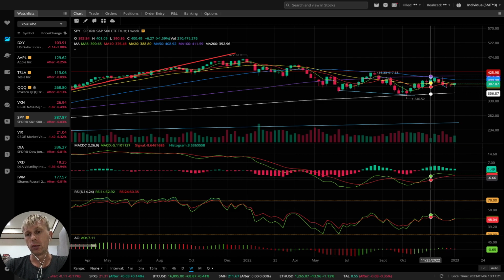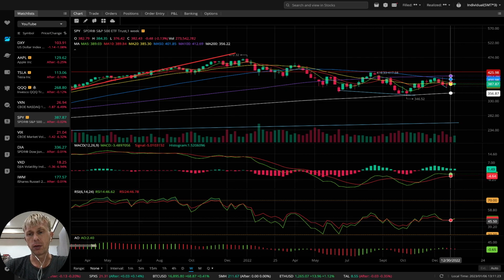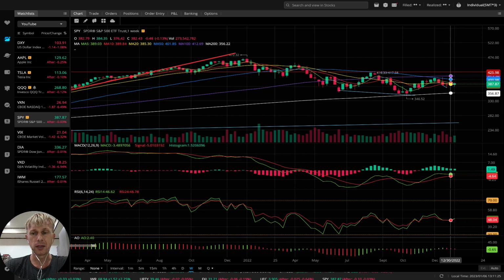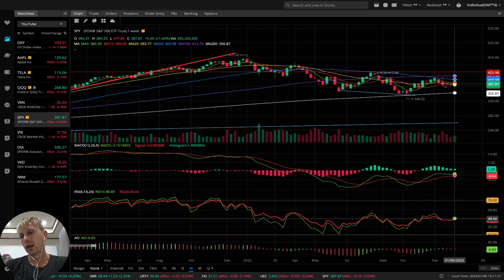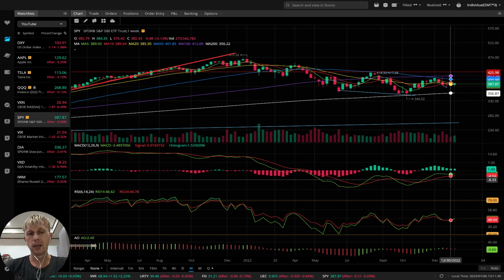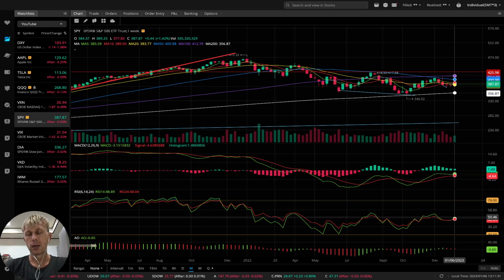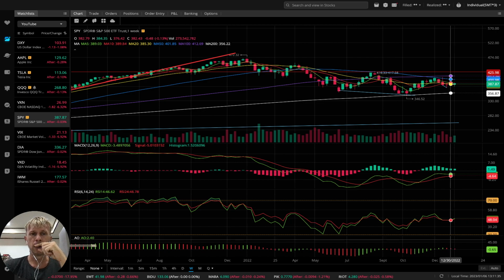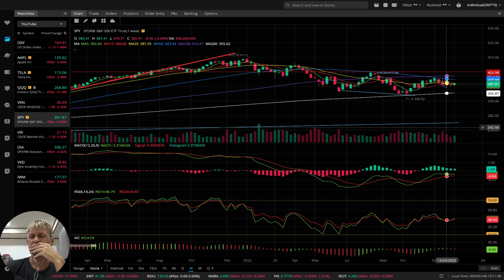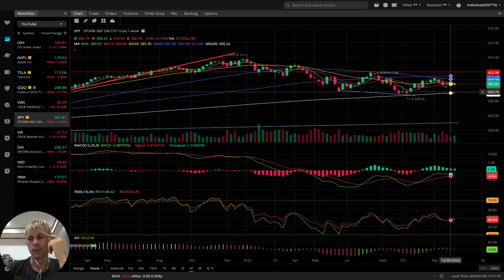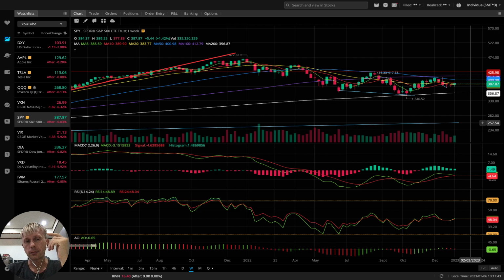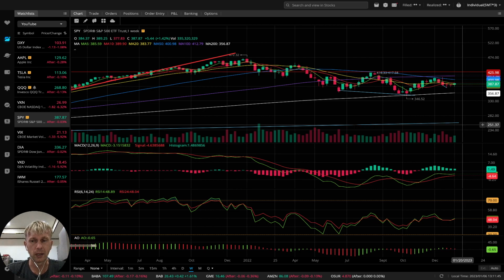MACD still bullish, RSI bearish trend, and also oscillator bearish. But my MACD is kind of bullish. MACD and RSI are in the bullish signal, but also the oscillator and moving averages are in the bearish signal. It's a 50-50 on weekly.